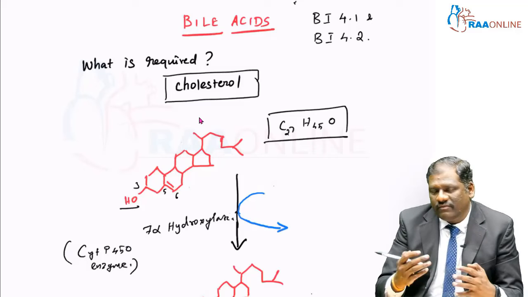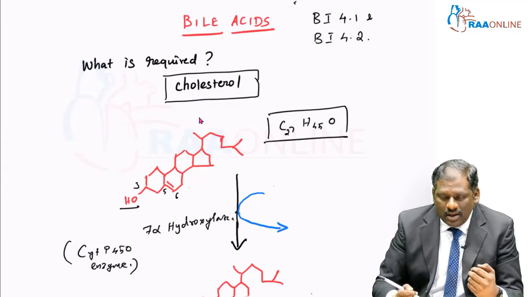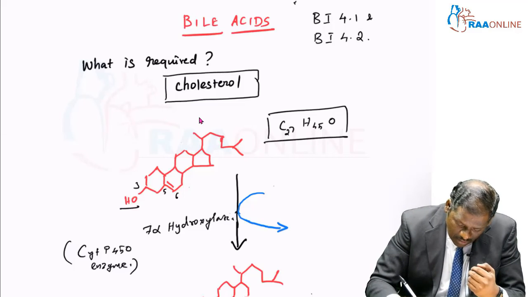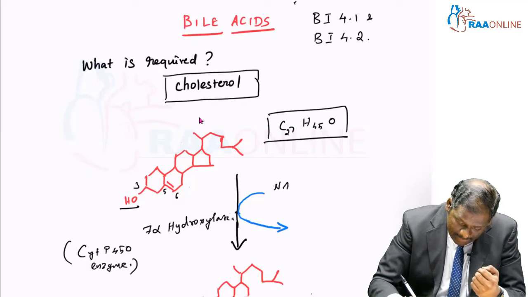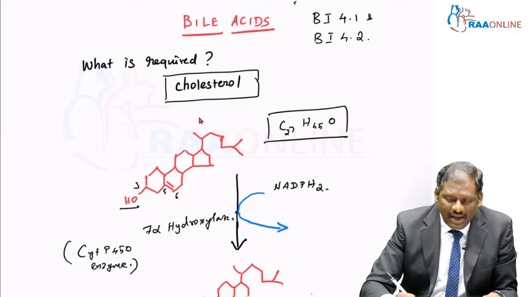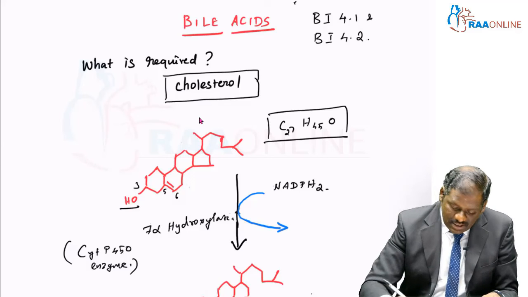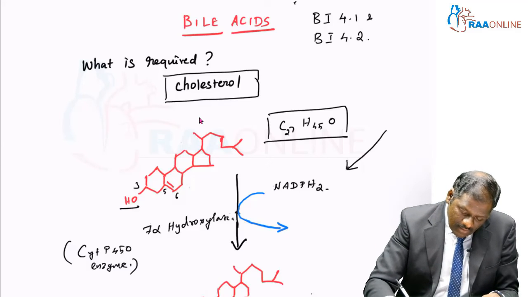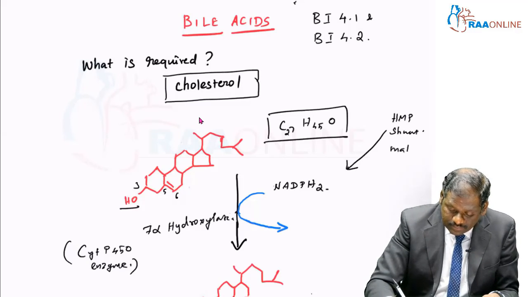Now, from where do you get this extra oxygen? I mean, from where do you get the energy? This can be obtained with the help of reducing equivalents. In this case, the reducing equivalent is NADPH2. From where can you get this NADPH2? It can be synthesized from the HMP shunt, and also from the malic enzyme.